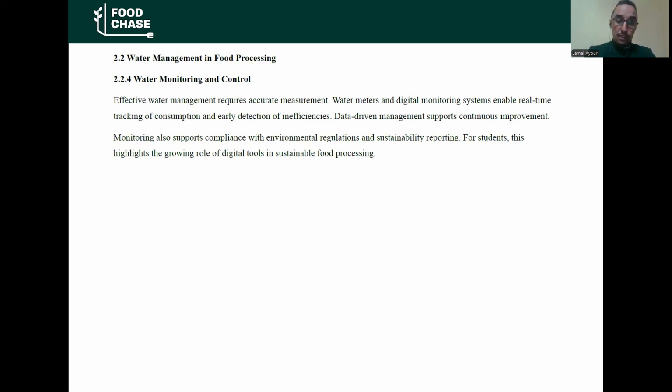For students, this highlights the growing role of digital tools in sustainable food processing, with the use of sensors and AI technologies. It's one of the best trend areas of technology for optimization of water consumption.